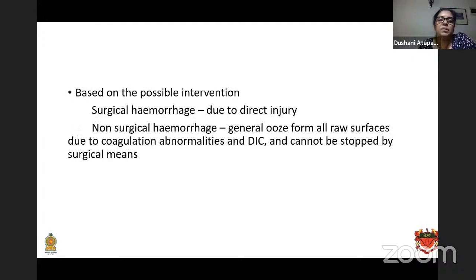Following interventions, there is surgical hemorrhage due to direct injury, and non-surgical hemorrhage, a general ooze from all raw surfaces, due to clotting anomalies. The patient will go into DIC, and these bleeders cannot be controlled by surgical means.